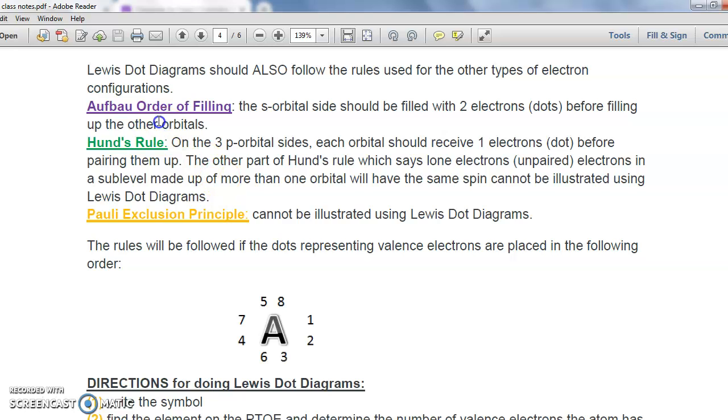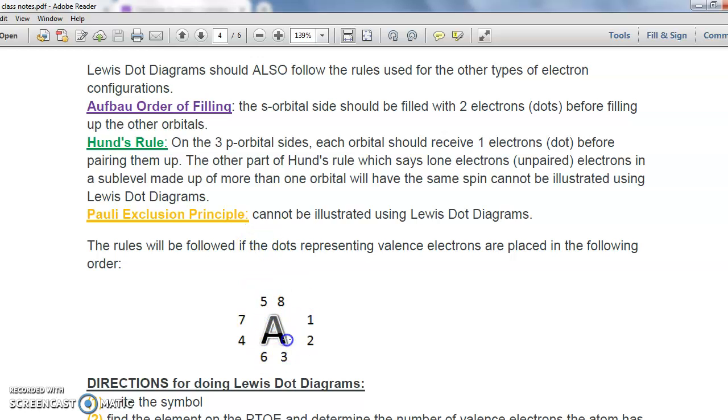That would take care of Aufbau. If we put 1 here and then put the next one here, that meant we didn't fill the s before we started filling the p. That would break Aufbau. Hund's rule says each p orbital gets 1 before we double them up. So the 3rd electron goes here, the 4th goes here, the 5th goes here. Now, once we've got 1 in each of the p orbitals, we can then begin doubling them up. So 6 would go here, 7 would go there, 8 would go there.